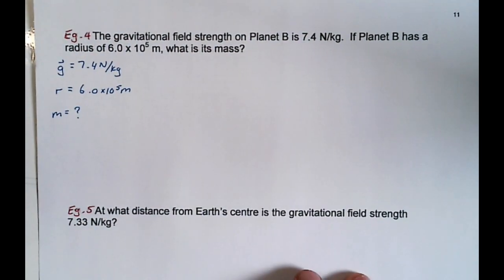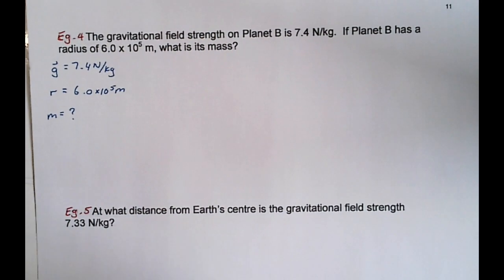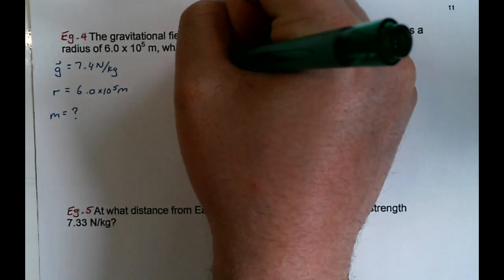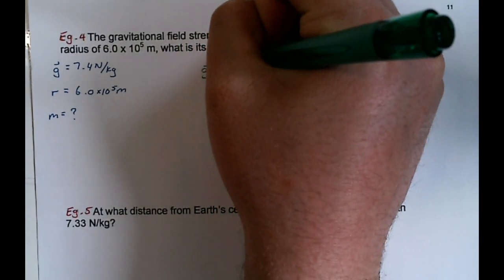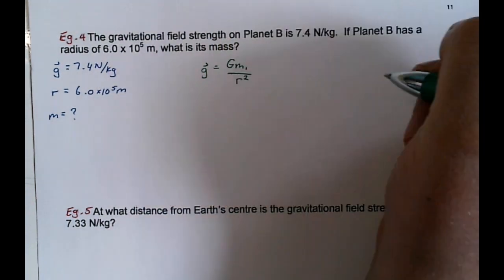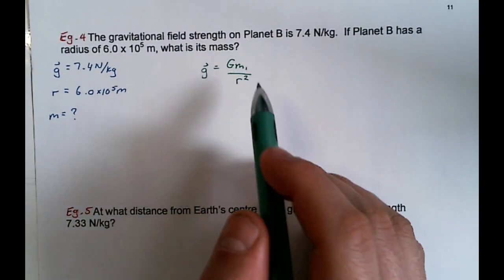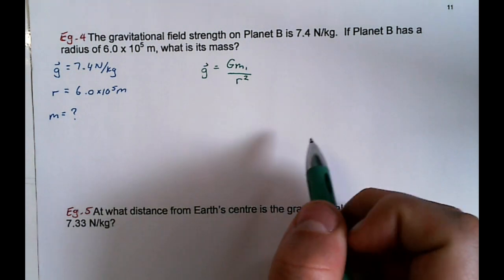So, using our source mass formula, we have g equals G m1 over r squared. We want to rearrange this to be solving for m. Multiply by r squared, canceling those two out.